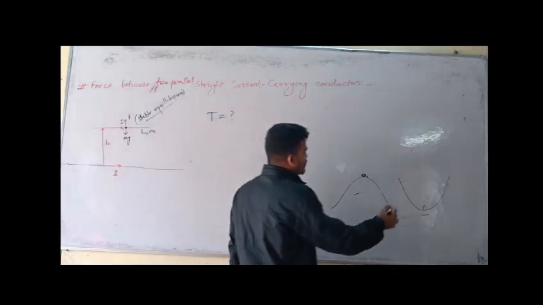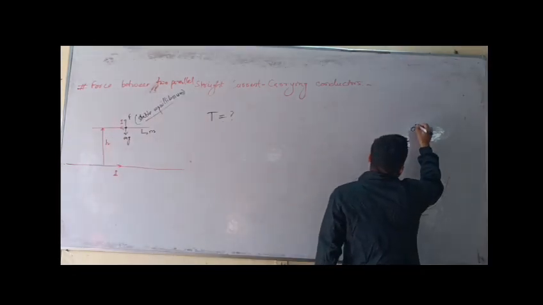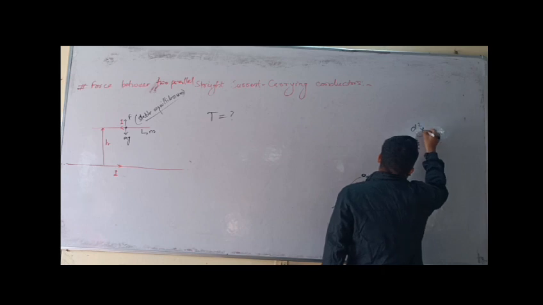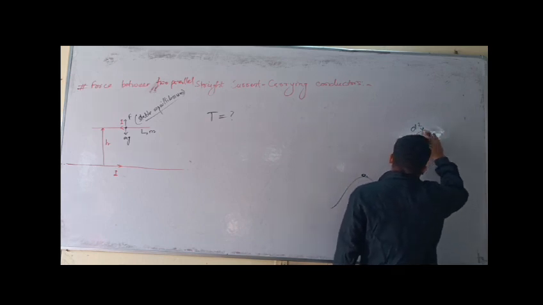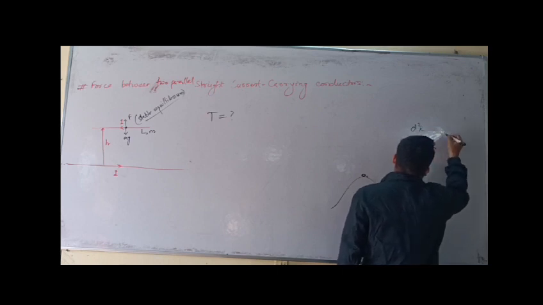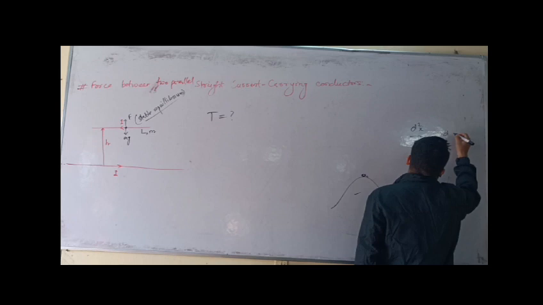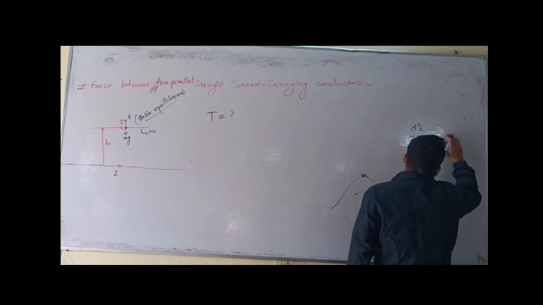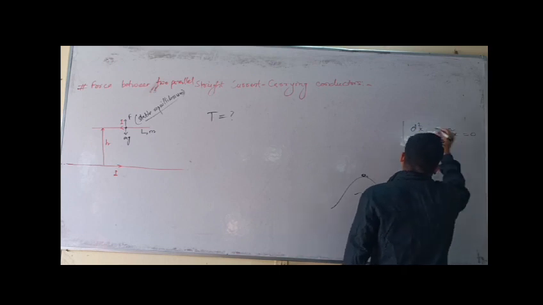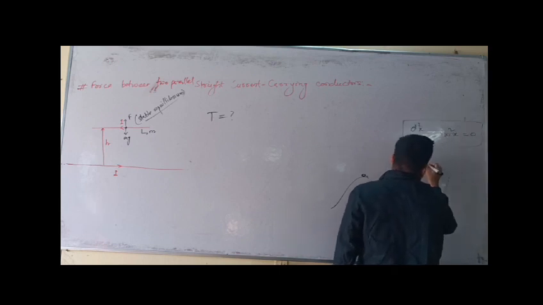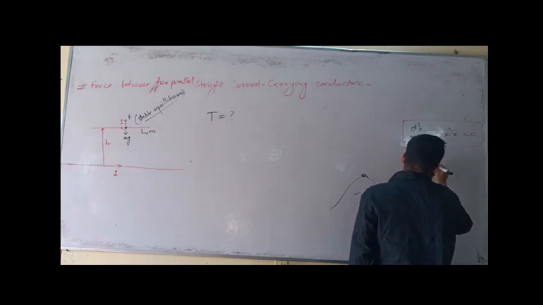Do you remember this equation? d square x upon dt square plus omega square x equal to 0. Do you remember this? And one more thing I have given.